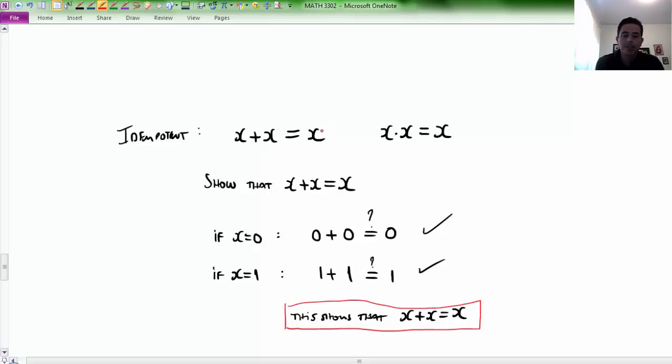So that matches the right side of the equation. So that shows case number 1. Case number 2, if x is 1, then you have 1 or 1, which is 1, and that matches the other side, which is also 1. That shows that x plus x is equal to x, or really it means showing that x or x is equal to x.